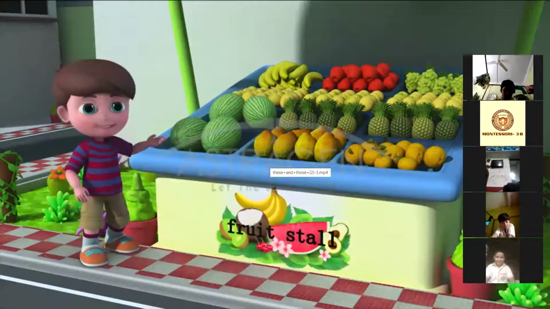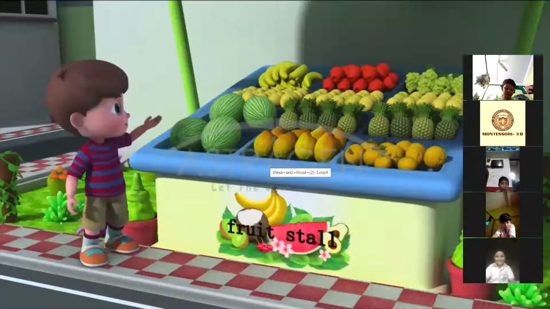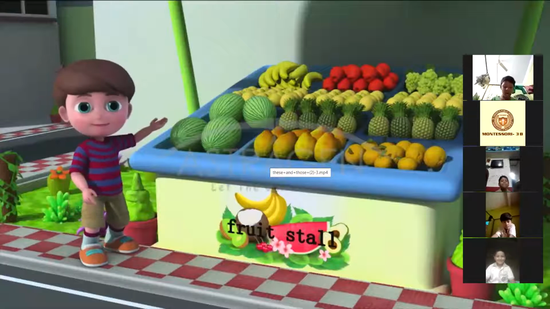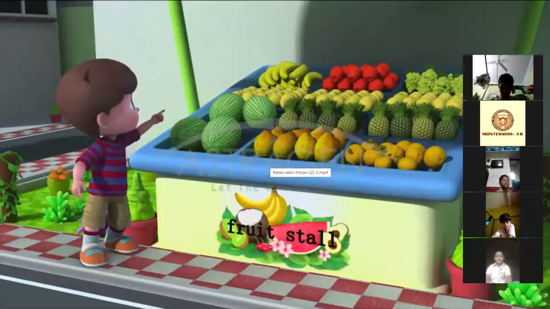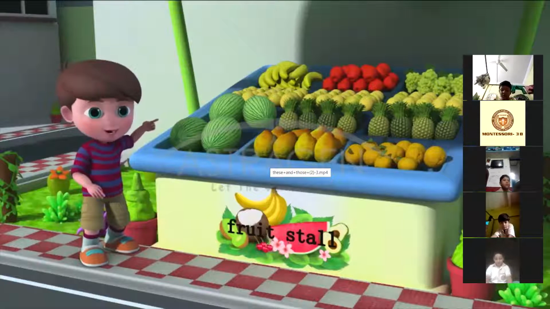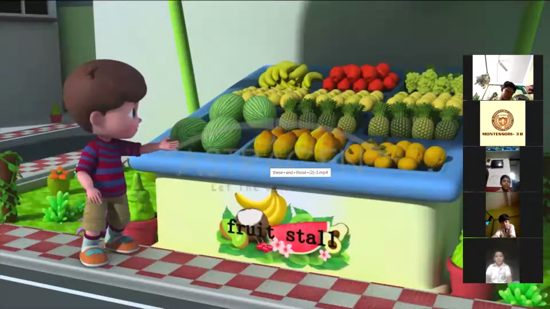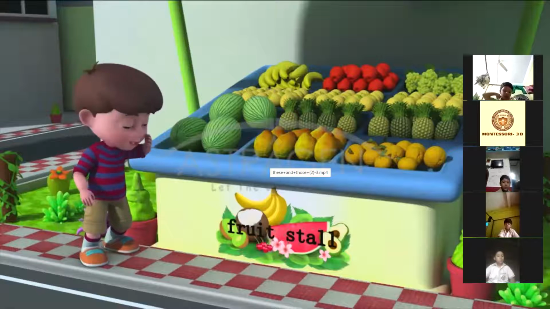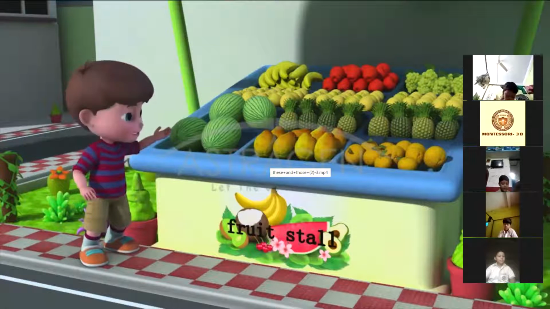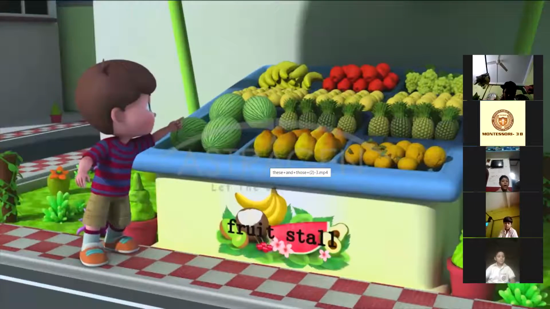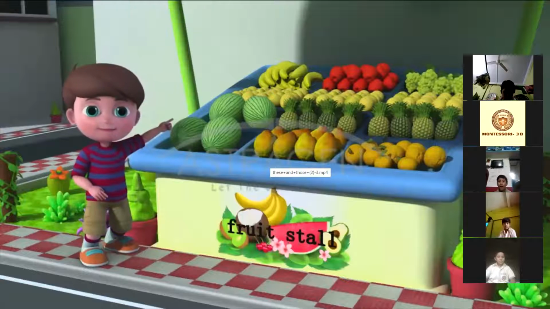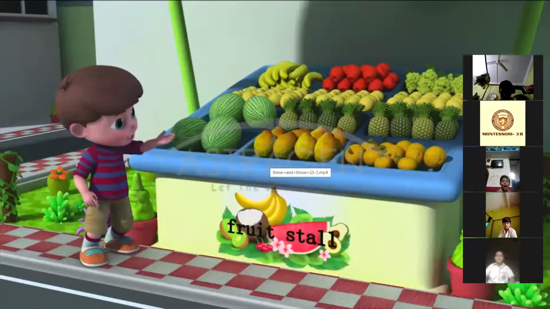These are mangoes. Those are bananas. Those are apples. Those are grapes. These are watermelons. These are papayas. Those are oranges.